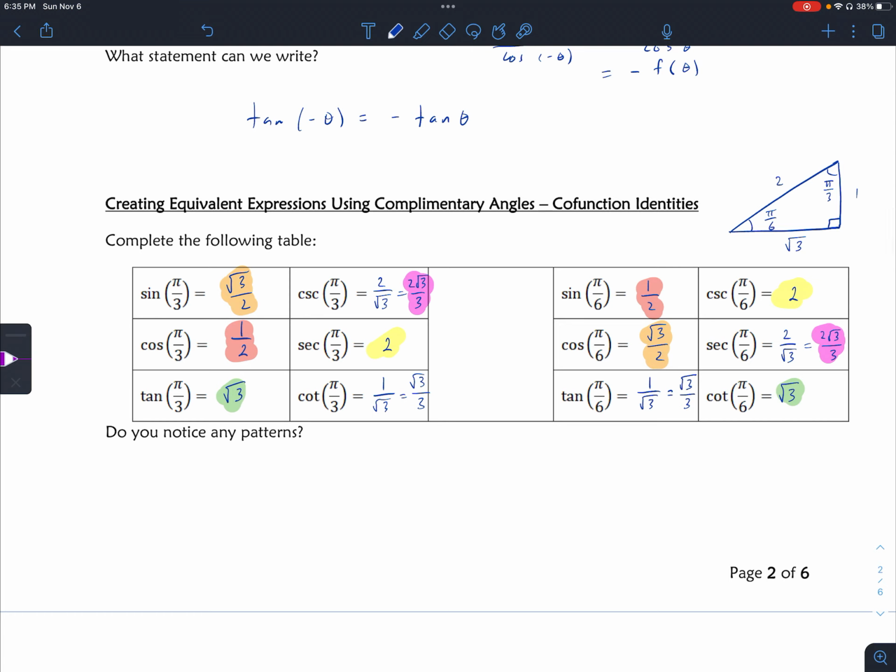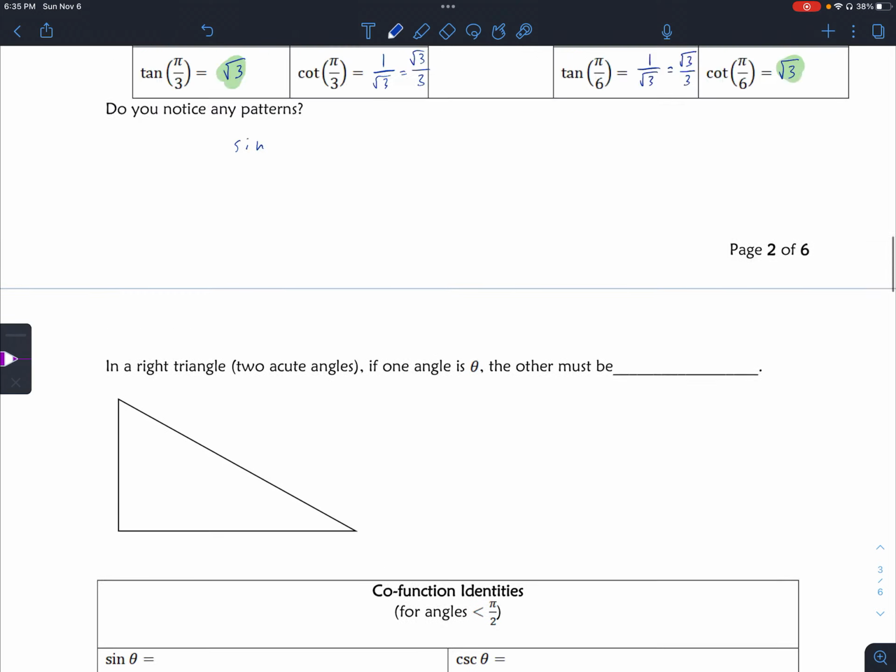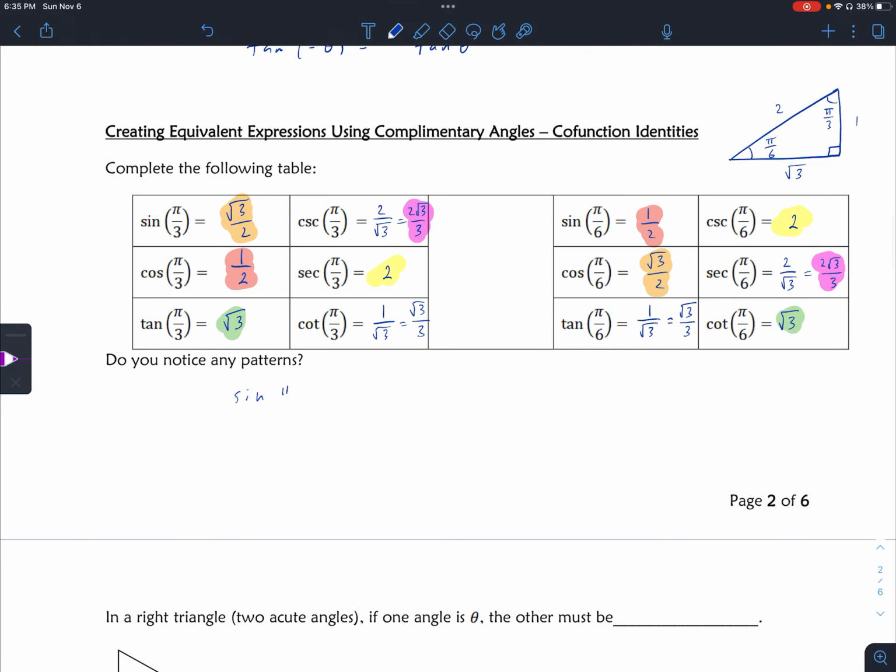We could write something like sine of pi over 3 is equal to cosine of pi over 6.